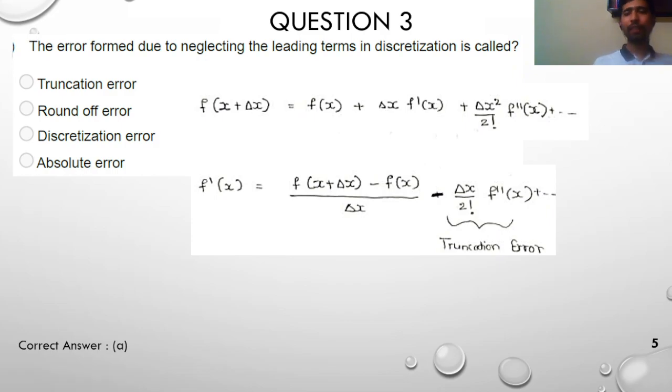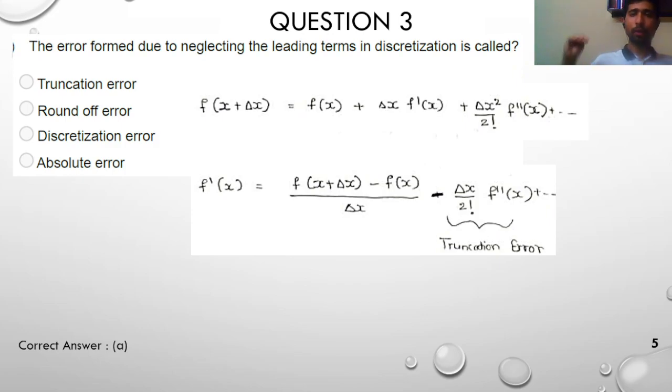One more thing which is coming to my mind is that when you go for a complex geometry problem, with finite difference versus finite volume, in finite difference you do a Jacobian transformation, and the Jacobian transformation also has some error. So the error will again get added up because of the Jacobian, apart from the truncation error.